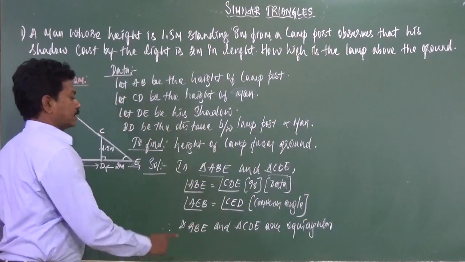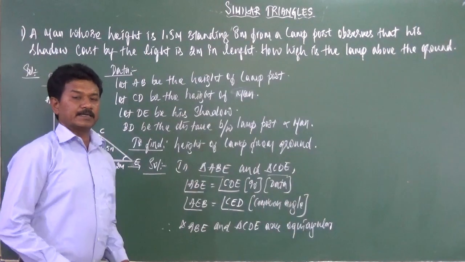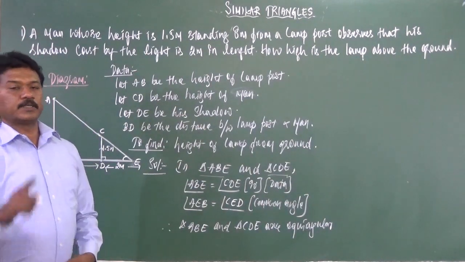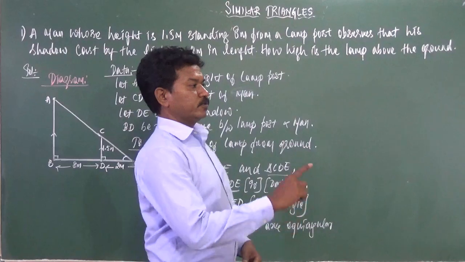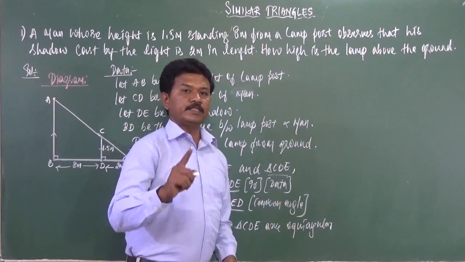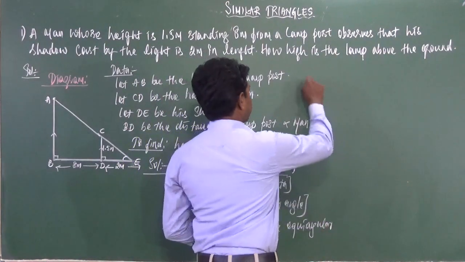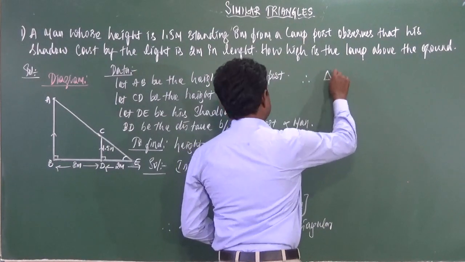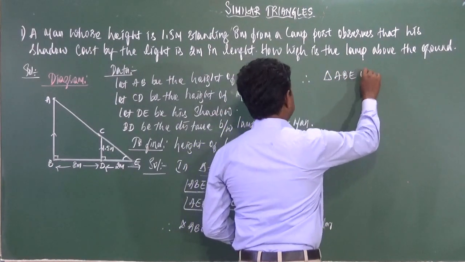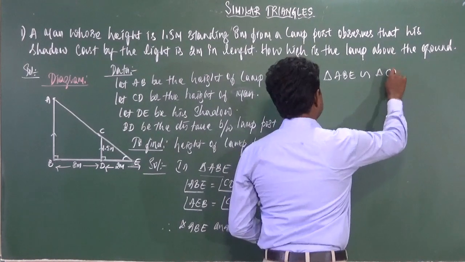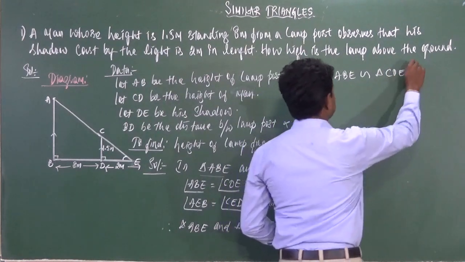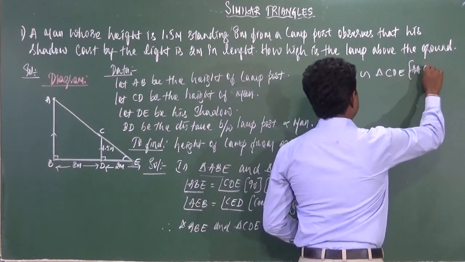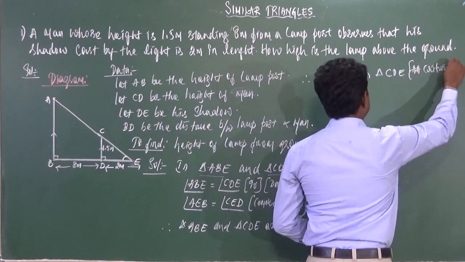Once two triangles are equiangular, according to AA criterion, they are similar. Therefore, triangle ABE is similar to triangle CDE, right? This is according to AA criterion.